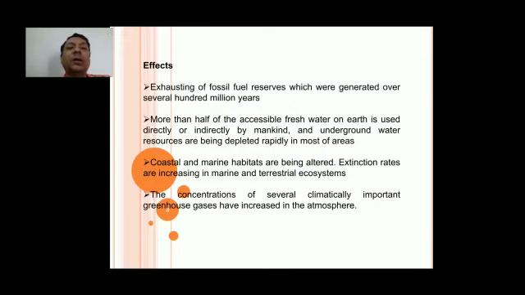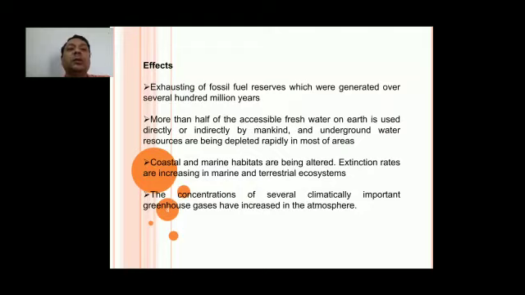In urban areas where construction activities are going on at an increased pace, they are using underground water for construction purposes, and underground water is being depleted.